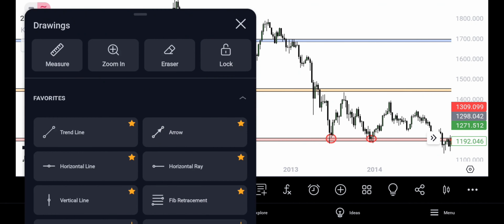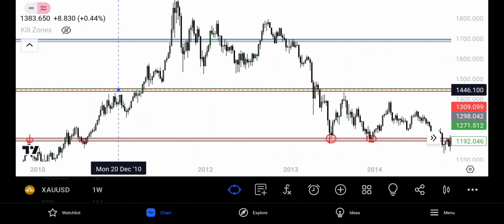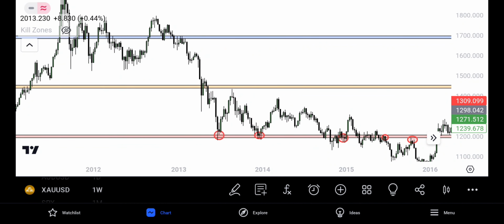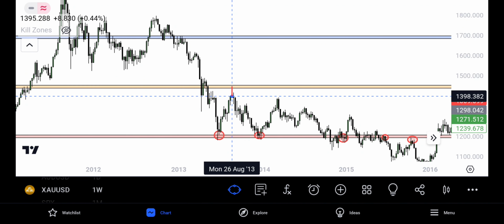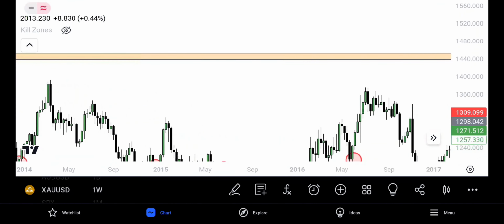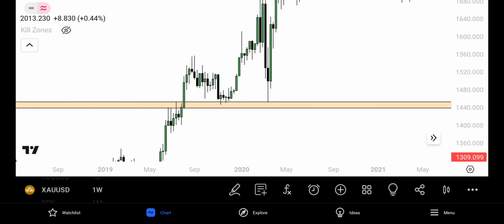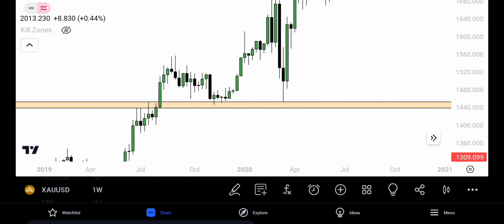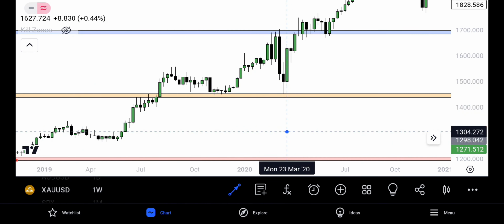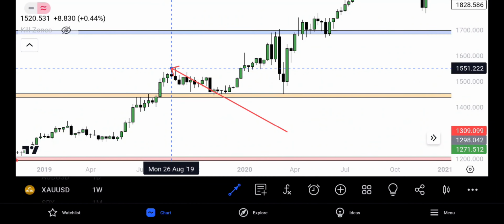It's also the same thing, guys. You can see from here we have this tap here. Not only that one, we also have another tap here. And the moment we broke above, you can see this, the moment price broke above this, what happened?